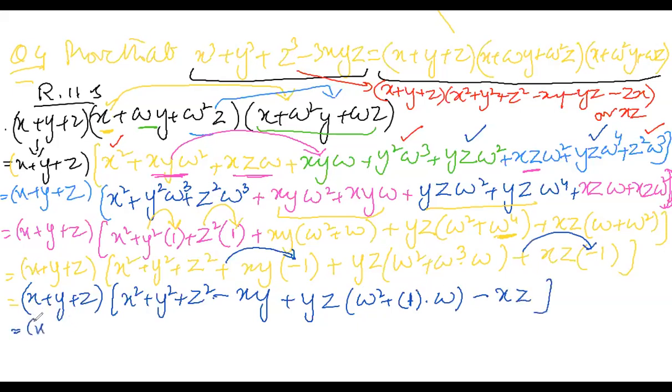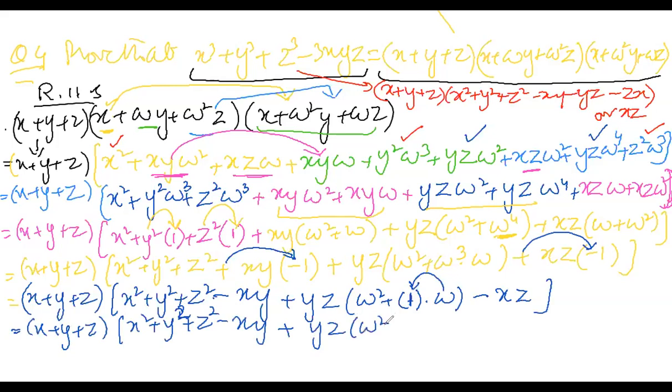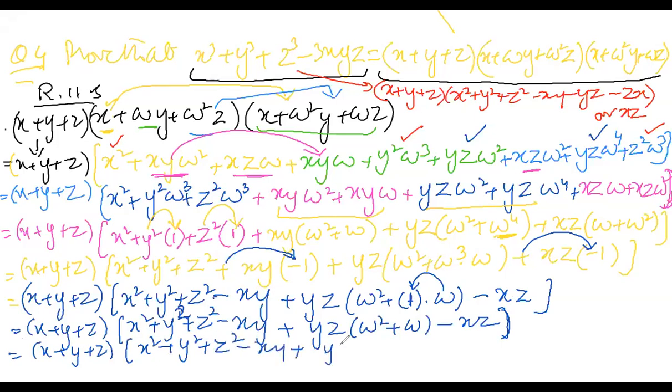My dear student, x plus y plus z and x square, we are now slowly moving towards the formula side. Z square minus xy plus yz we can write here. Now omega is multiplying by 1, we'll get omega square plus omega into 1 will get omega minus xz. As you know that we have already done, this we will write as it is, omega x square plus y square plus z square minus xy plus this will get yz into this value will get -1, minus xz will get the value.